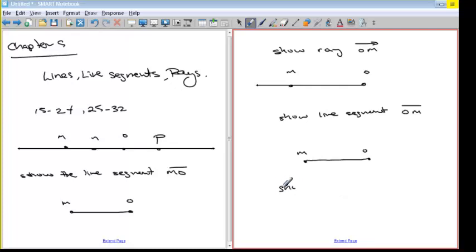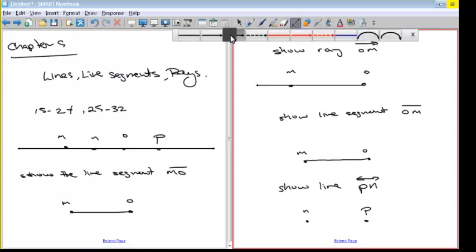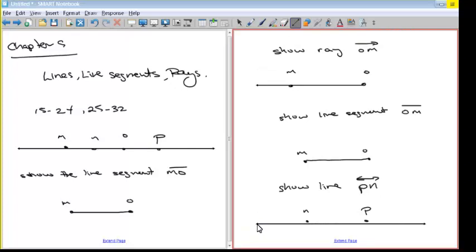The other thing is like a line. So if I say show line PN, what I want you to do is, again, show where N is, exactly like on the drawing. This would be P, and then you would draw a double-headed arrow through those two.